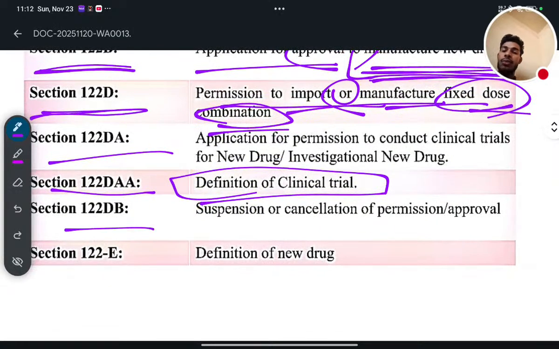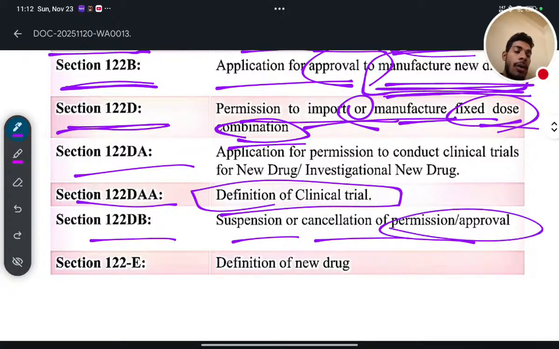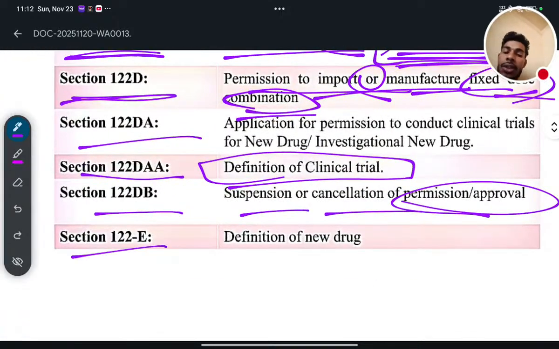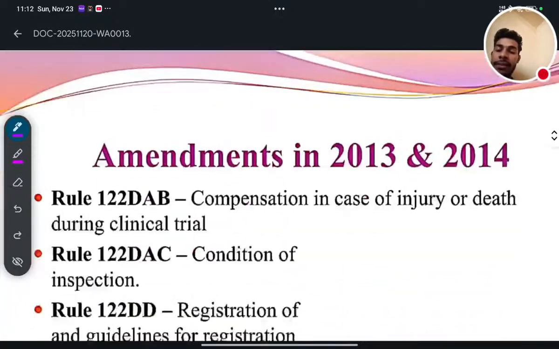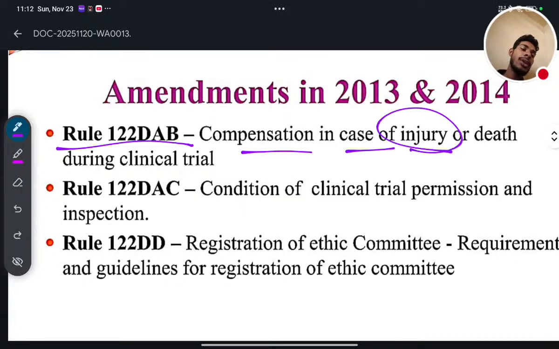Rule 122DB is for the suspension or cancellation of the permission or approval. Rule 122E is for the definition of new drug. Then we will see amendments. What are the amendments in 2013 and 14? Rule 122DAB is for compensation in case of injury or death.